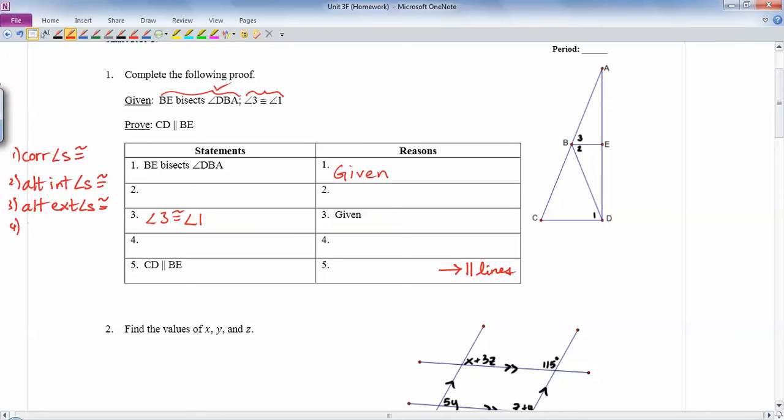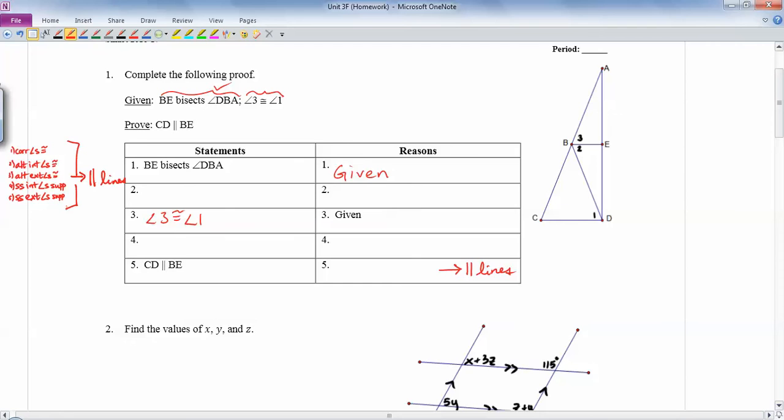And then the same side version, same side interior angles that are supplementary. And same side exterior angles that are supplementary. Those are all of our reasons there that can give us parallel lines. So these lead to parallel lines.